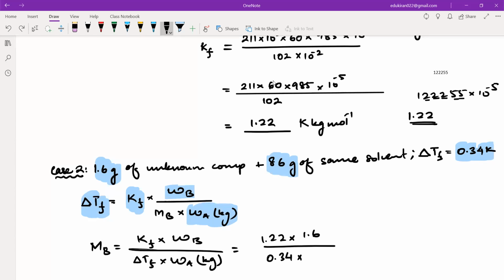0.086 we can write as 86 upon 1000, and we can multiply 1000 here instead. Okay, solve for this. Let me know what is the molar mass.